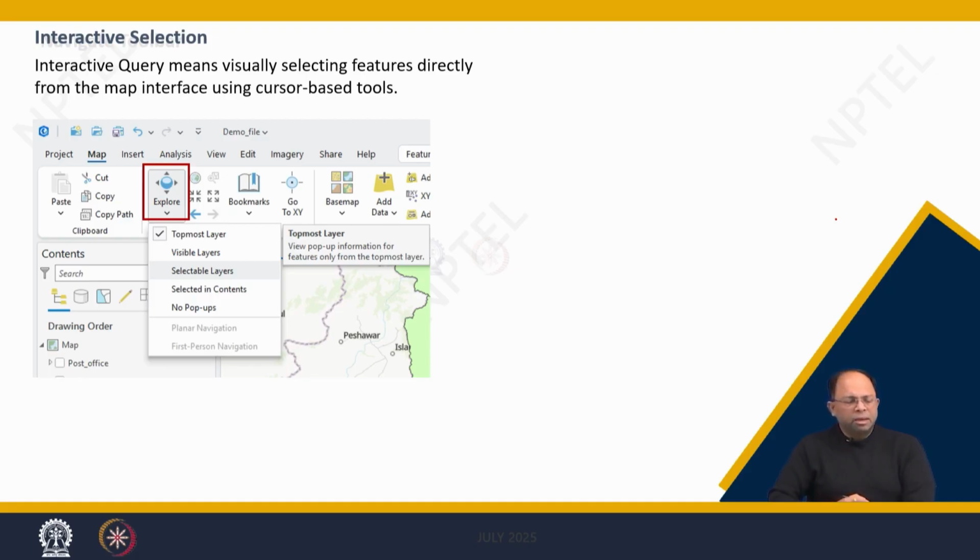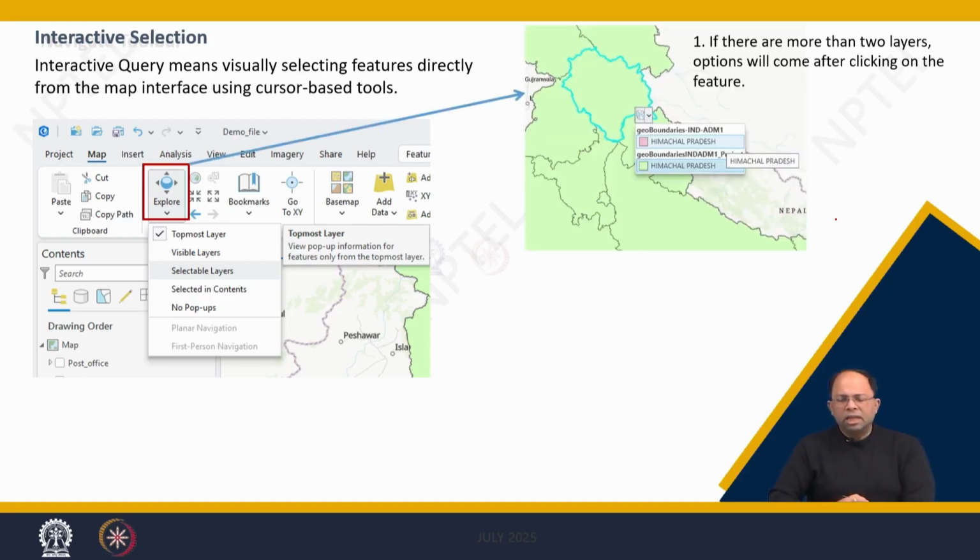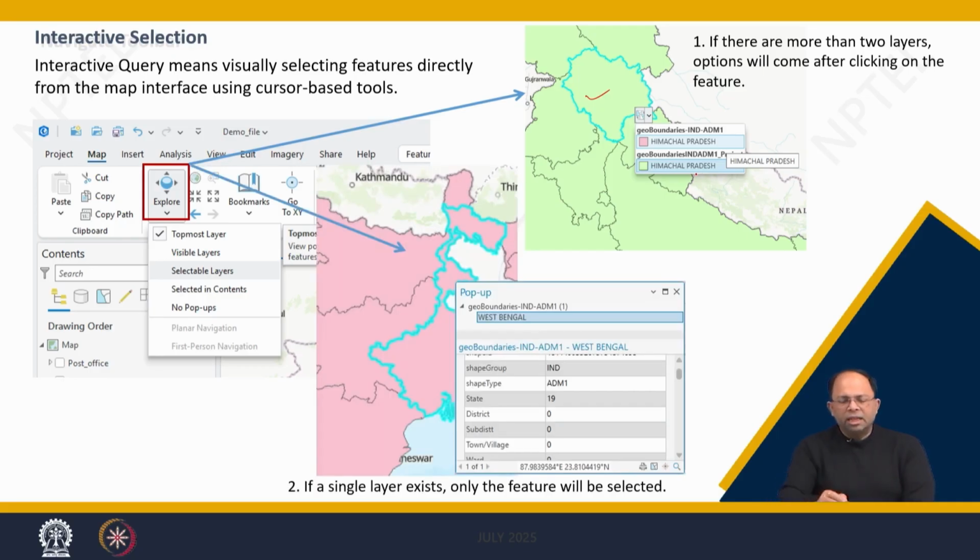For example, over here first we go to selectable layers, and we can click and see if there are more for this particular object. If there are two layers, it will give us both options for which layer you want to select. If there is a single layer, when we click on it, it will give us detailed information about that particular feature. So this is the first sort of querying. We are just selecting by clicking, right? It's an interactive tool.